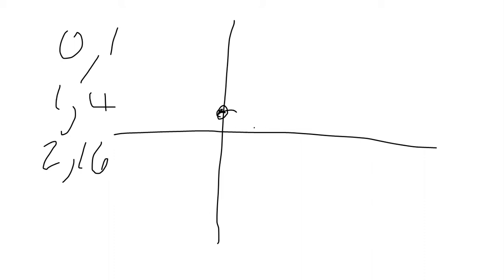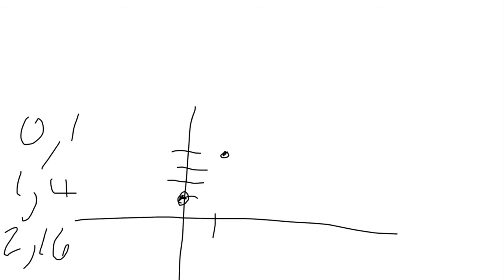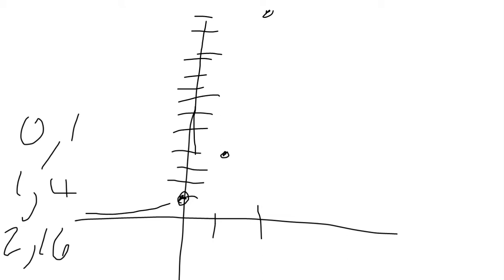We go to (1, 4), do that again, and then I'm going to go to (2, 16). Obviously I'm not going to be able to fit 16 on this screen quite yet. I'll scroll up a little bit, and I'm going to do an approximate. It's going to be way up here, and we're going to go to 2, and it'll be about here. Then we're going to make our growth curve. So there is our exponential function. Clearly you can see as we start going up in x, our y starts exploding. That's what makes this exponential.